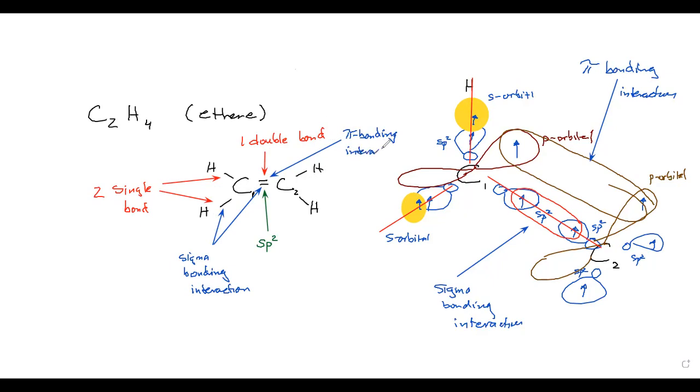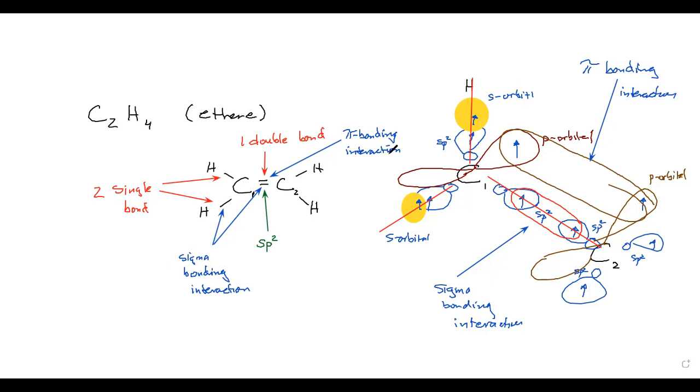So in a double bond, 2 of the electrons that form one pair will be sigma bonded together, sharing lengthwise. The second pair of electrons of the double bond will be lined up side by side instead of lengthwise, and thus they have that pi bonding interaction.